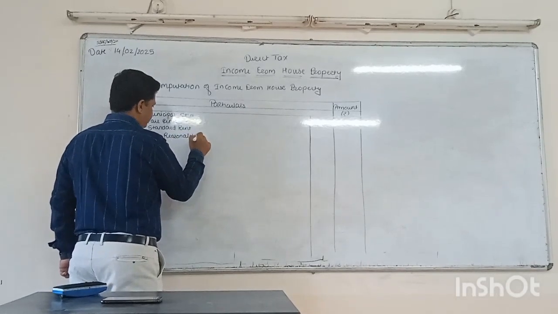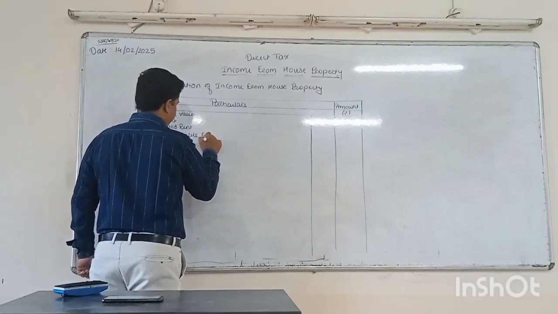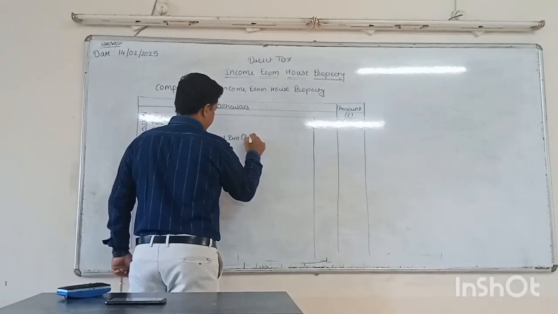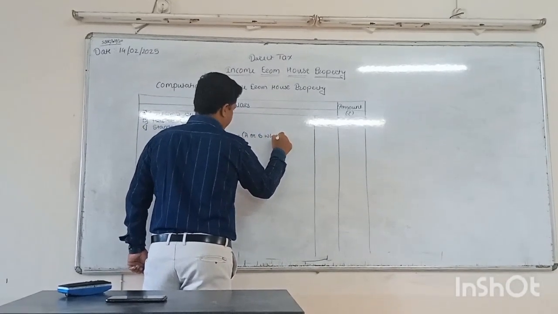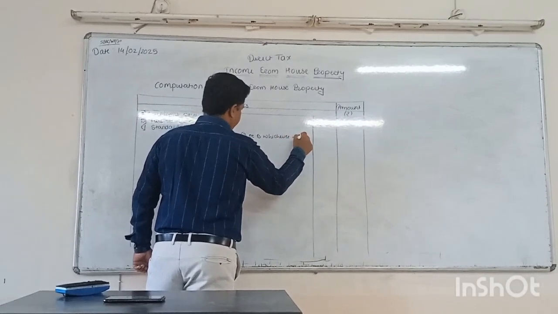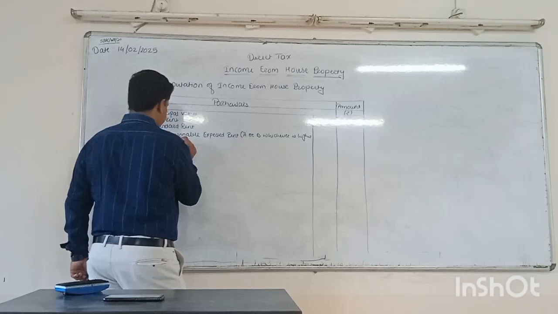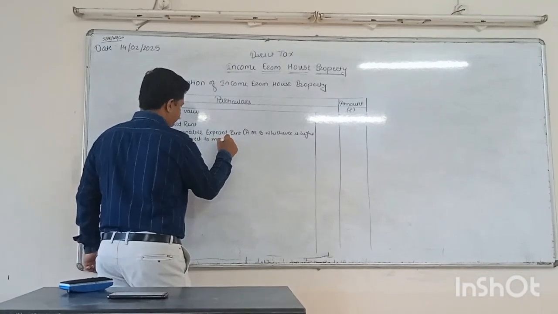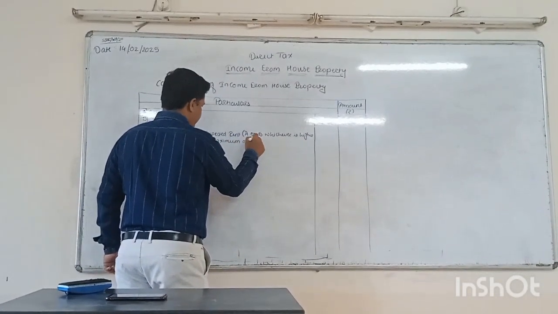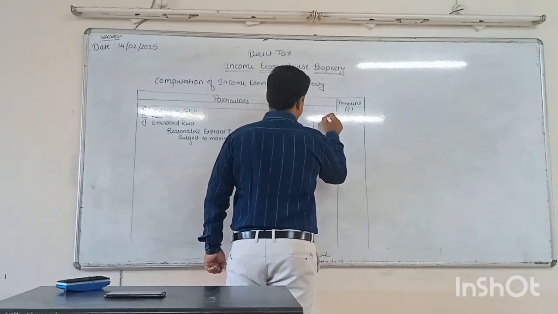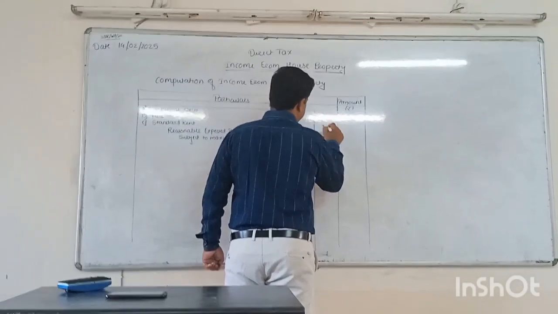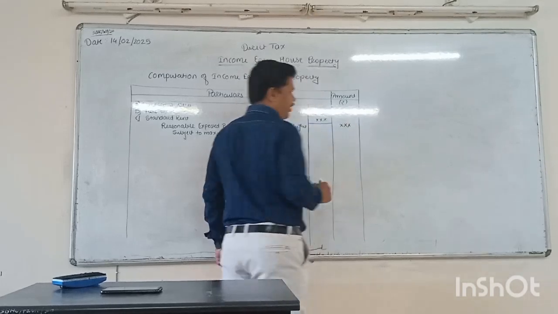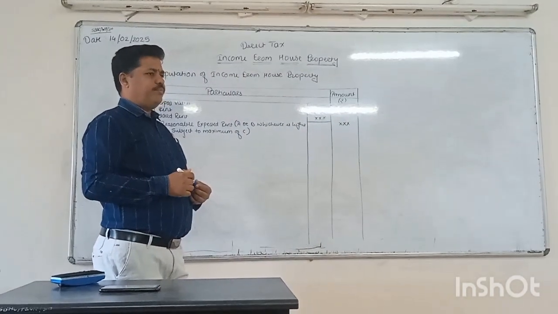Reasonable expected rent is A or B, whichever is higher, subject to a maximum of C. So basically this is the specimen of how to compute gross annual value or annual value of the property.